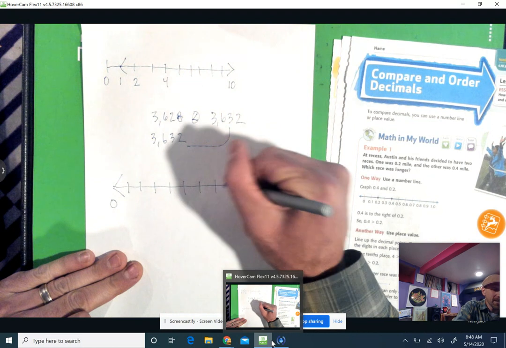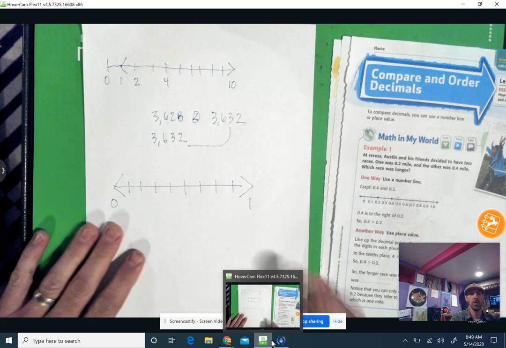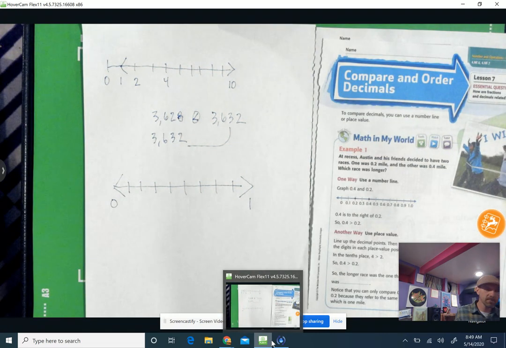And that means that all of the numbers we're working with will not have a digit in the ones place. And so you're going to see a 0 in the ones place for the numbers that we are comparing today. So let's dive into the lesson, some of the guided practice.